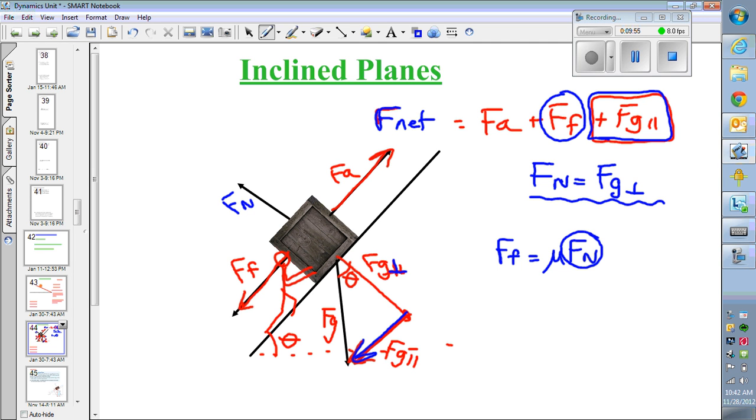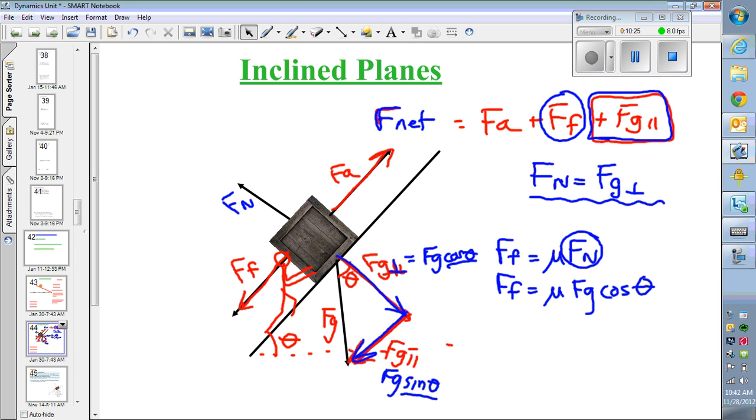It's just this part of the triangle. So Ff is now going to be mu times Fg cos theta. If you remember from our last one, this was Fg cos theta, and this was Fg sine theta. So you have very much the same formulas as before, but now we just have cosine of theta and sine theta put in the appropriate places.